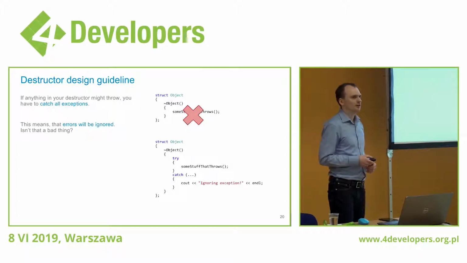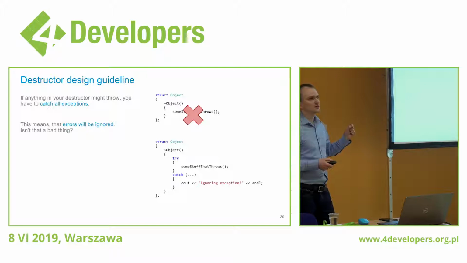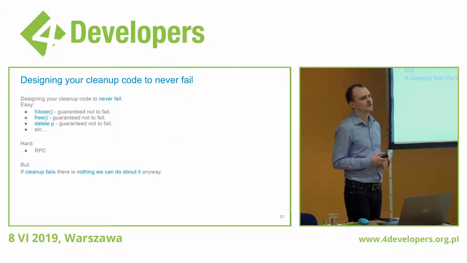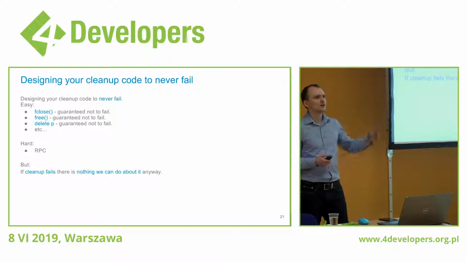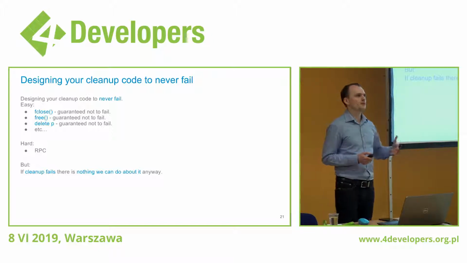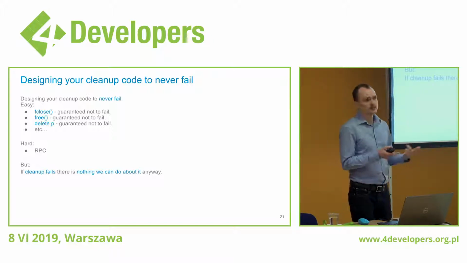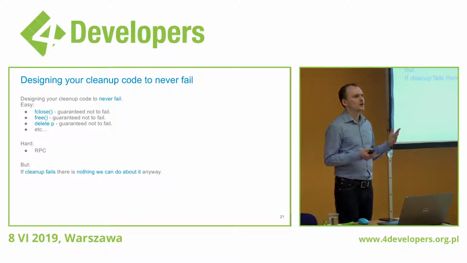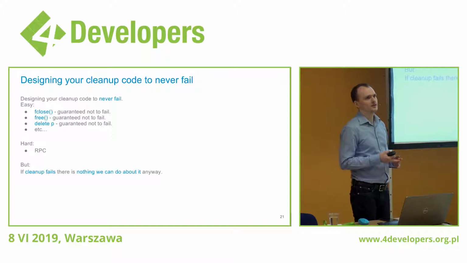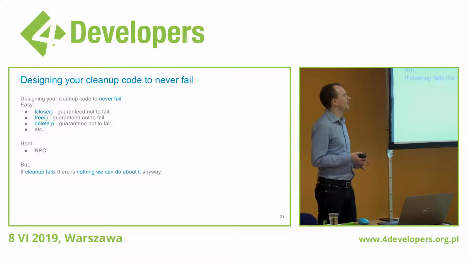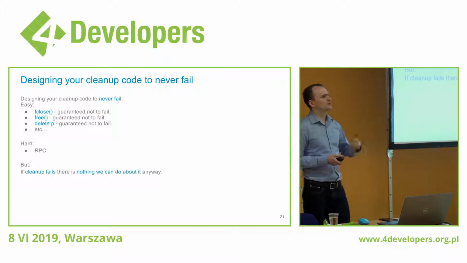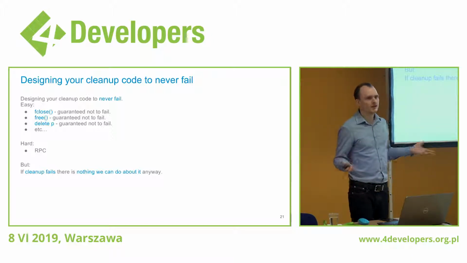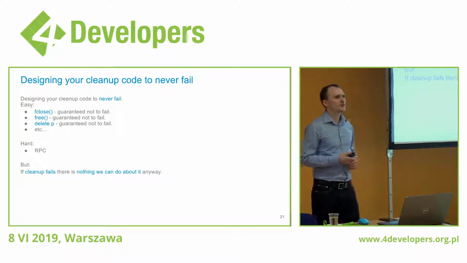Well, it is bad, but it's not as bad as it sounds, because most of the cleanup actions we want to do in destructors don't throw. Other destructors don't throw. Deallocation doesn't throw. Closing files doesn't throw and doesn't error. So most of the stuff that we want to put in destructors doesn't fail anyway. So this is not a problem.